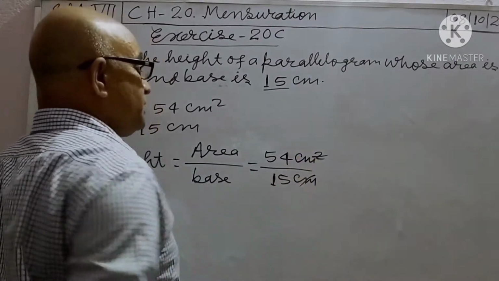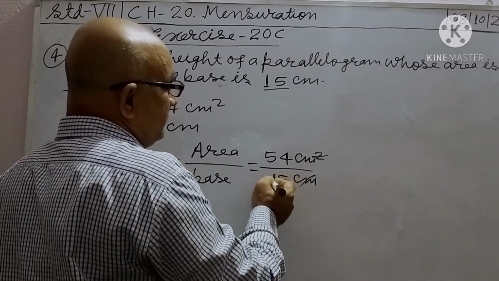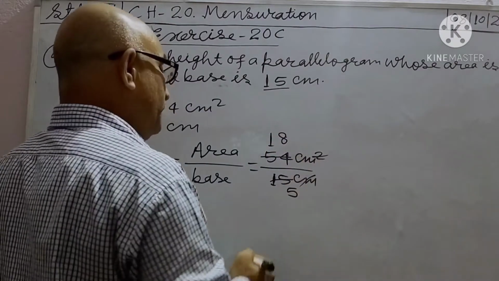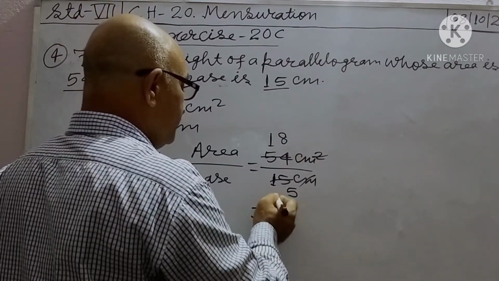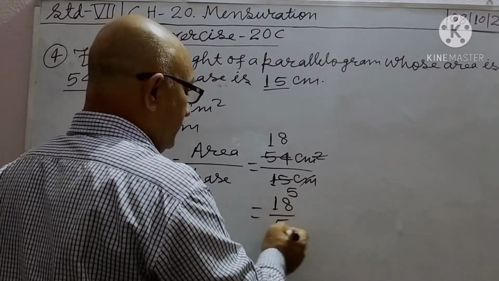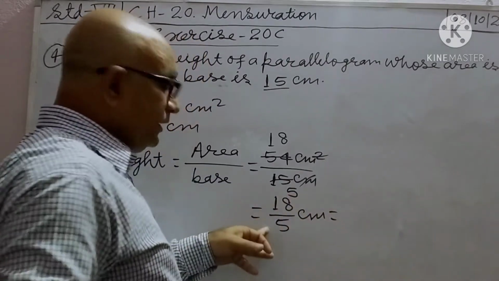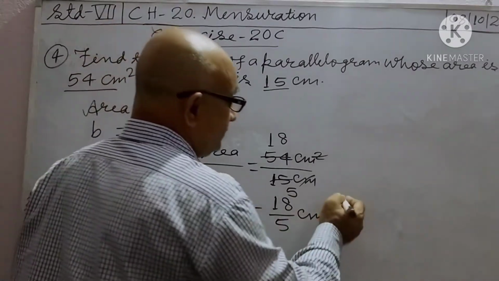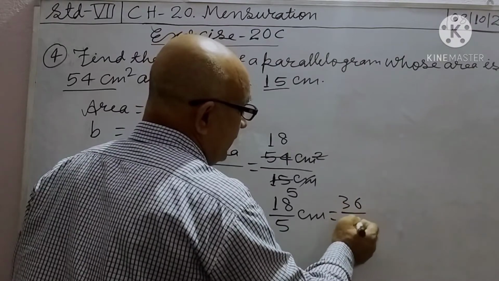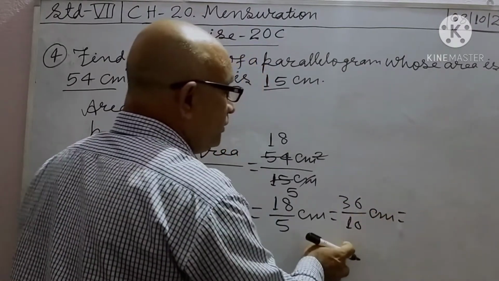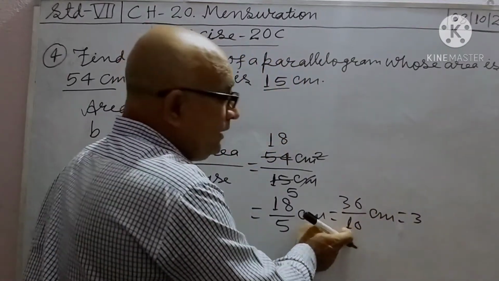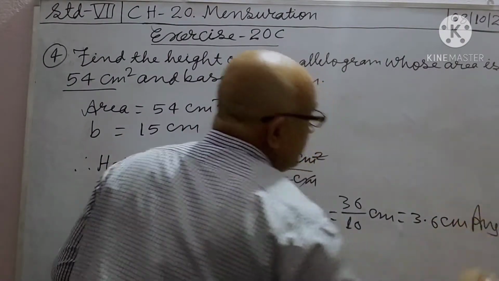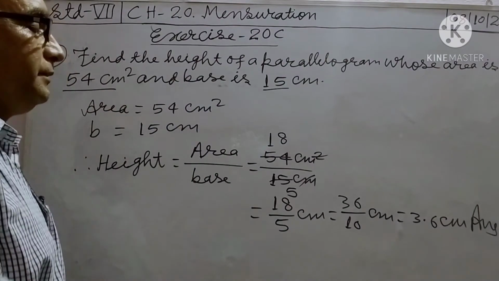Cm square cancels by cm, and 3 fives are 15 and 18 threes are 54, equal to 18 by 5 cm. 18 divided by 5, 5 twos are 10, 18 threes are 36, 36 by 10 cm, equal to 3.6 cm. 36 divided by 10, decimal after 1 digit, so 3.6 cm is the answer of this question. Students, understand and write it.